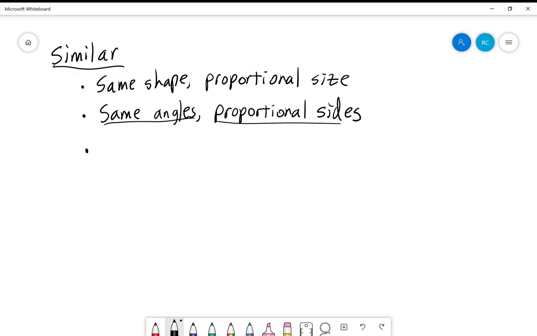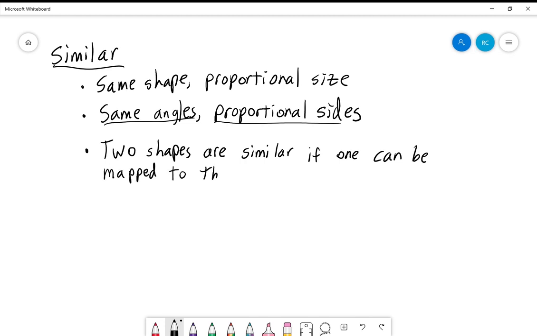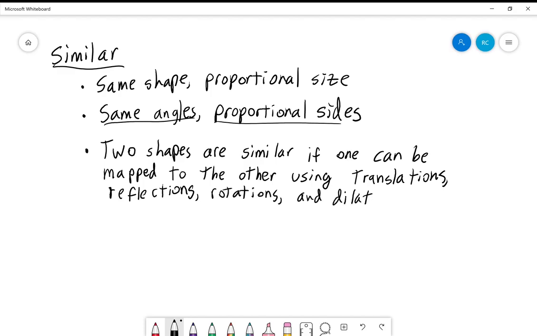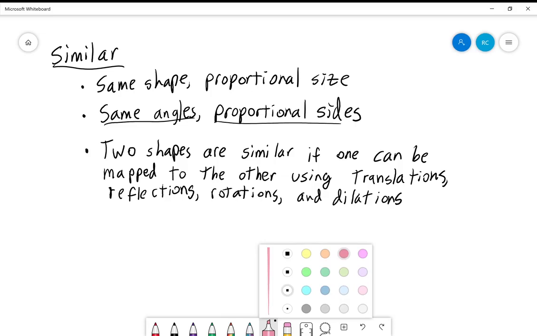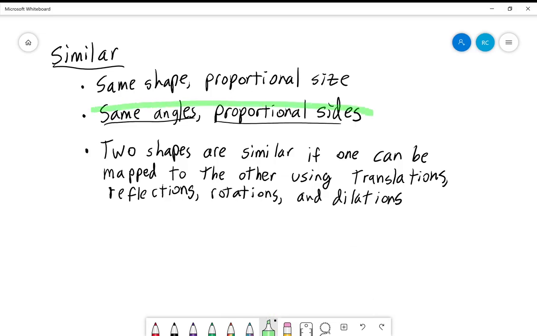Finally, we have like the ultra-precise rigorous definition, which looks like this. Two shapes are similar if one can be mapped to the other, as in it can be picked up and perfectly put on top of another, using translation, reflection, rotation, and dilation. But the most important of these three definitions is this one.